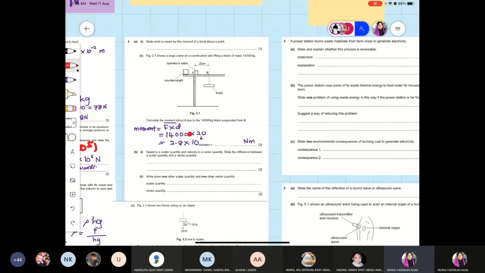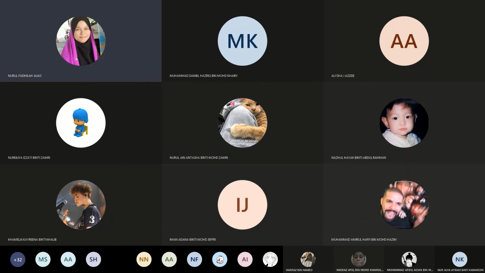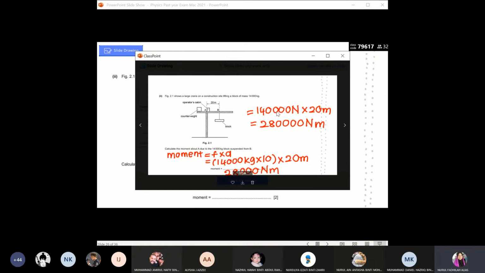Jadi awak kena jadikan dia dalam ni. Okay. Ni 14, ni pun salah lah ni kawan awak ni, betul tak? Salah. Ni salah juga. Yang ni 1, 2, 3, 4. Ya, polis car betul lah, saya polis car.